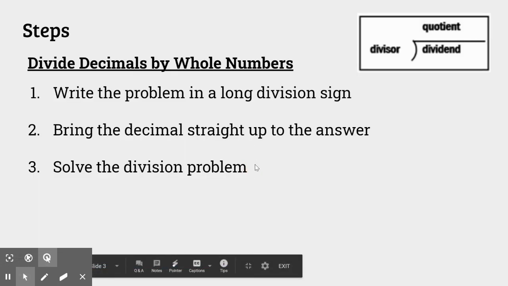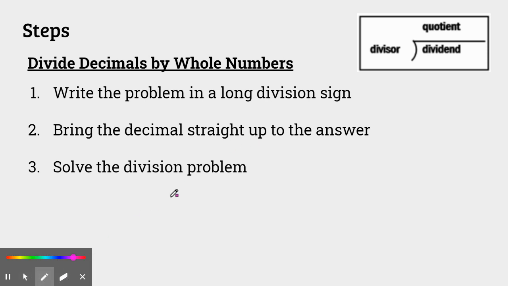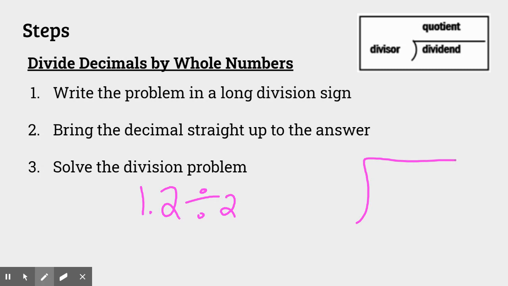All right. So let's review how to divide decimals by a whole number. So let's say I have the problem of 1.2 divided by 2. The number that goes underneath is the number that comes first. So I have 1.2 and then 2 on the outside as my divisor. So step 1, write the problem in a long division sign.